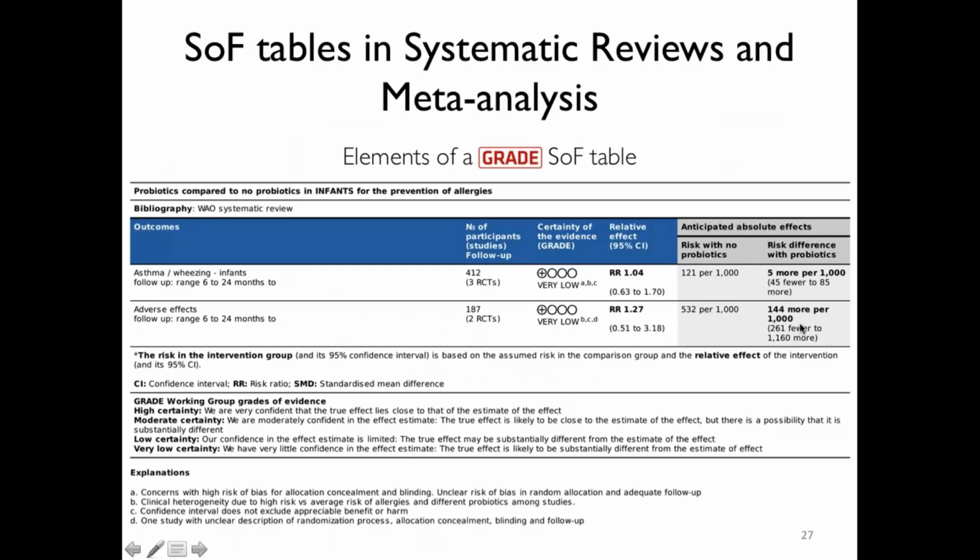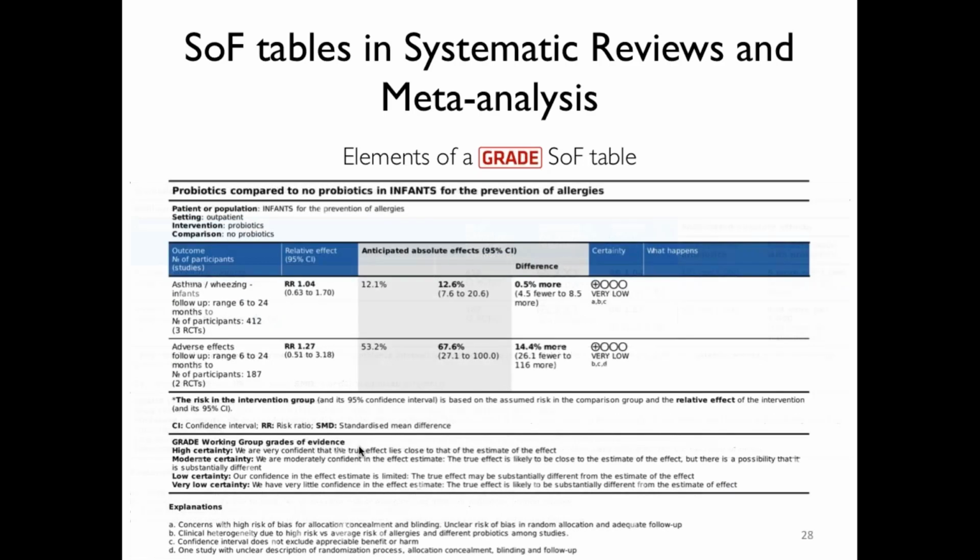In other words, it makes it easier to understand how to assess the estimate of the effect in absolute terms, with a different order of the columns, but largely the same type of information, including here explanations both about the rating of the certainty of the evidence, as well as any explanations that are necessary to understand the actual rating.